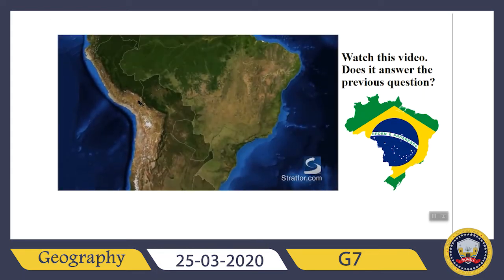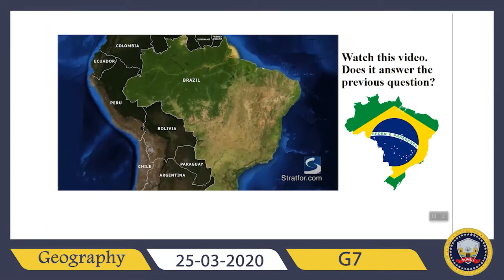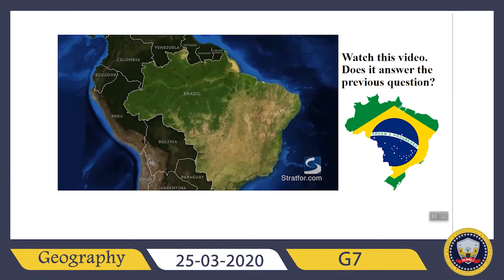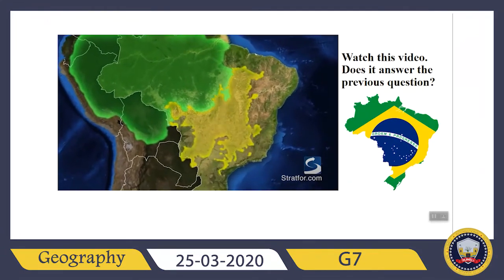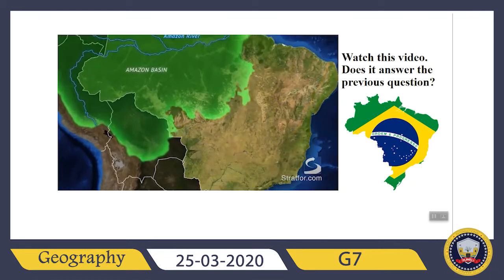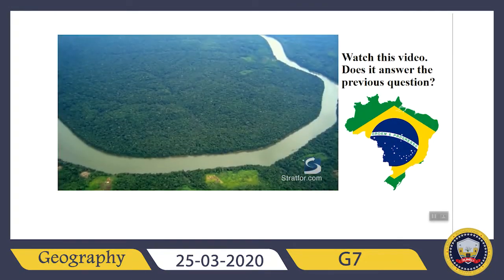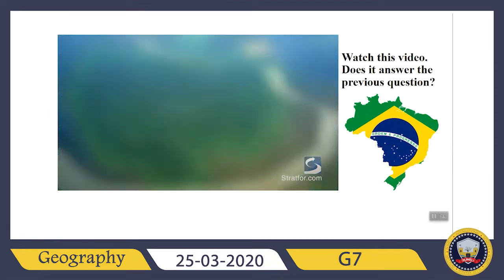Larger in landmass than the contiguous United States, Brazil borders every country on the South American continent except Ecuador and Chile. Three features define Brazil's geography: the Amazon basin, tropical savanna, and the Brazilian highlands. The Amazon River and rainforest, the world's largest, encompass most of northern Brazil and make this region inhospitable to agriculture and large populations.